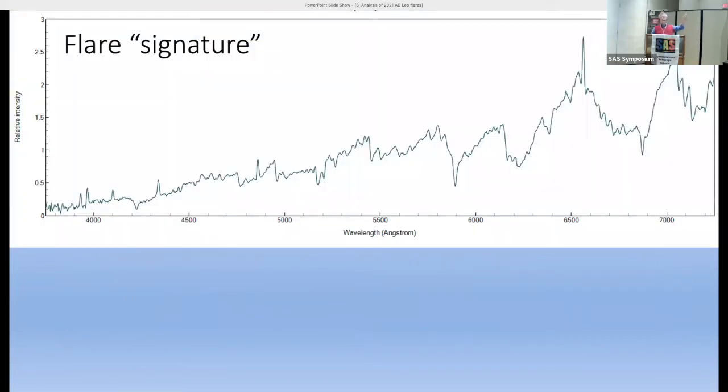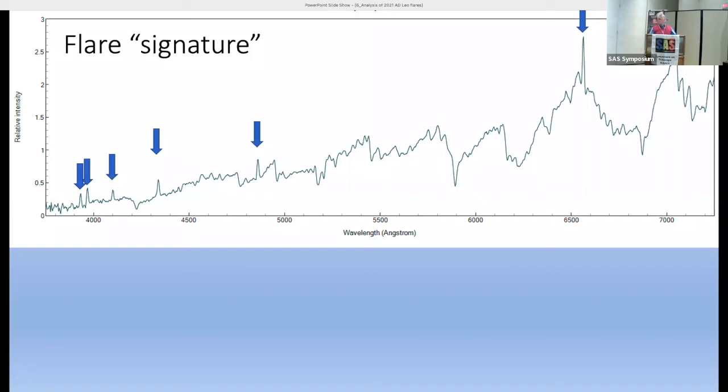You've seen this spectrum, an M-class dwarf star, and AD Leo is a perfectly normal M-class dwarf, except it has emission even in quiescence. These emission lines never go away.